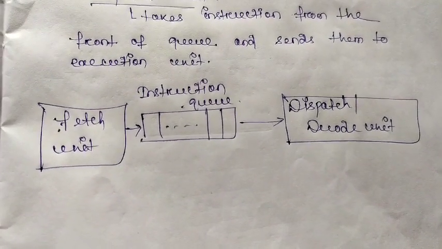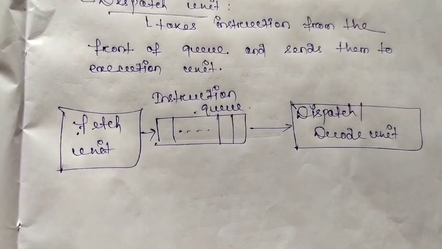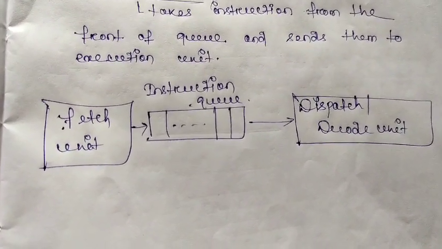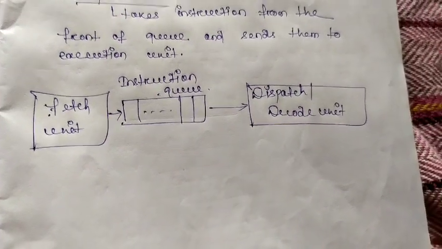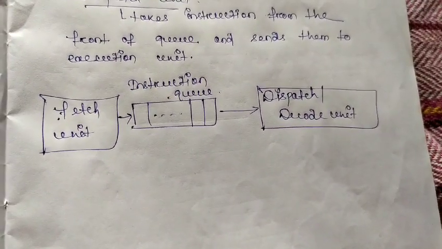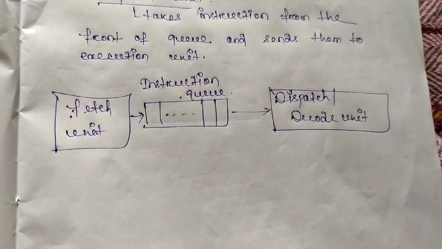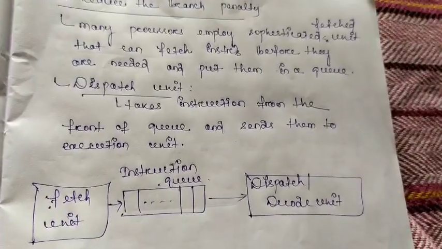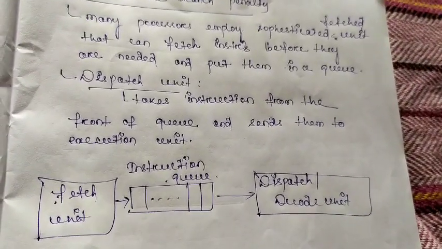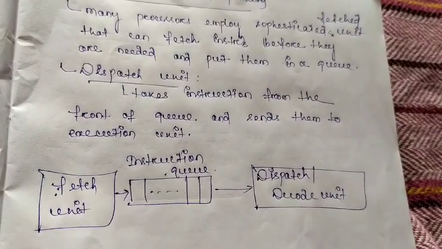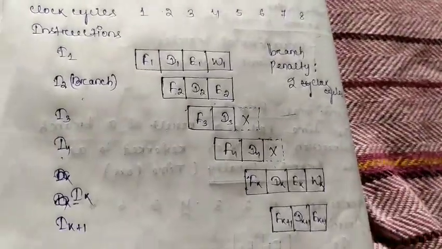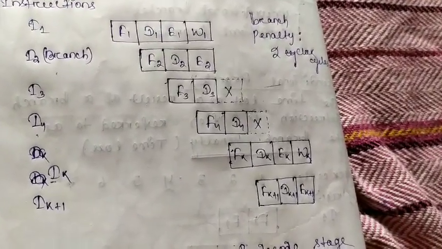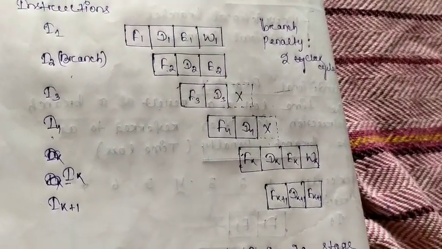So this is all about instruction hazards and the unconditional branch, and how an instruction hazard occurs due to an unconditional branch. If we increase the pipeline stages, then the branch penalty will increase.